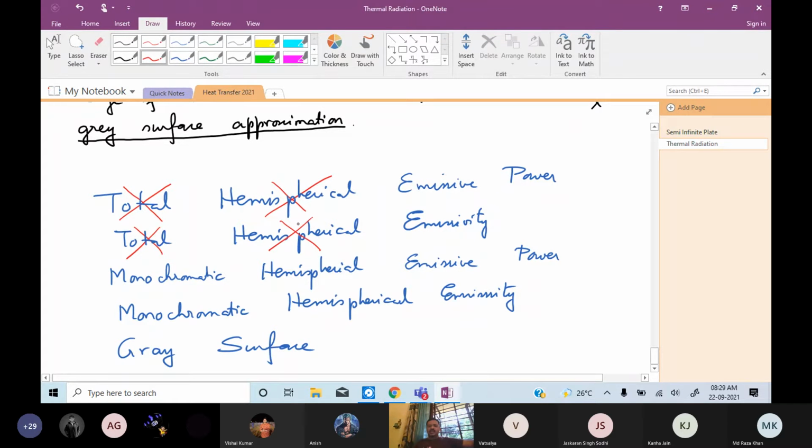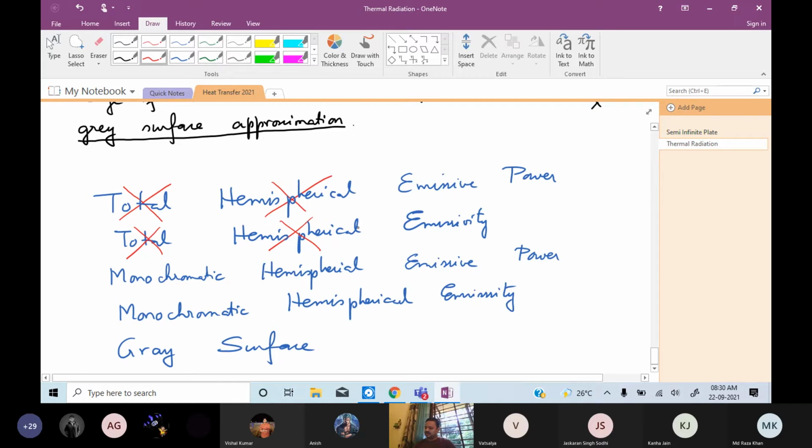If somebody says the emissive power, it means total hemispherical emissive power. Similarly, if somebody says the emissivity of the surface is 0.2, it means total hemispherical emissivity. It means that it is summed over all wavelengths and over all directions.